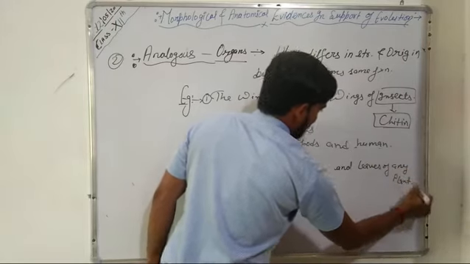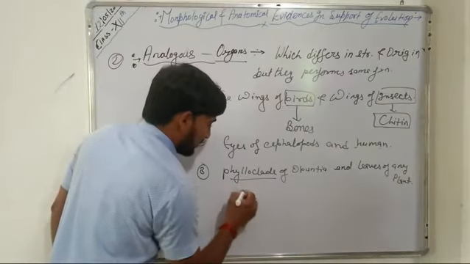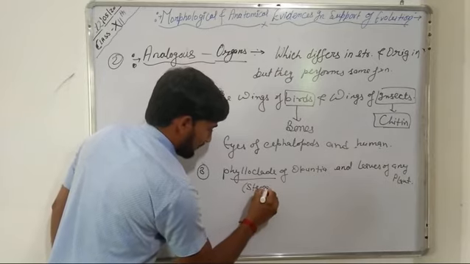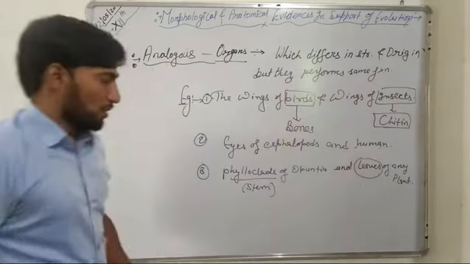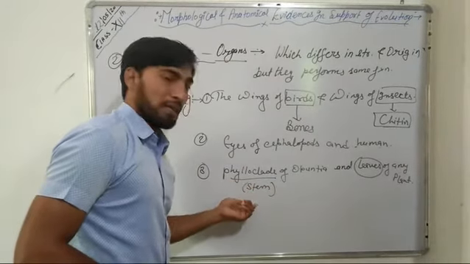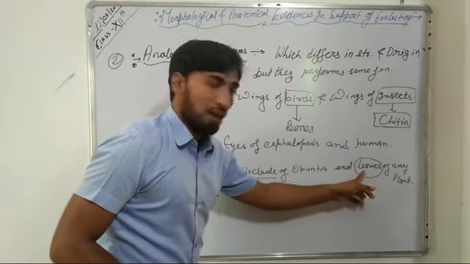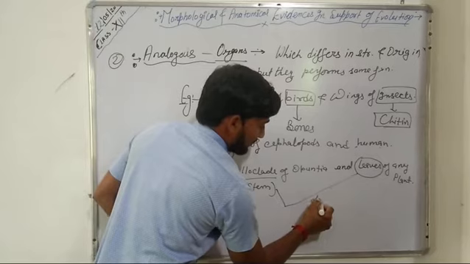In this case, the phylloclade is a stem, and in the second case the structure is leaves. So structurally they both are different.